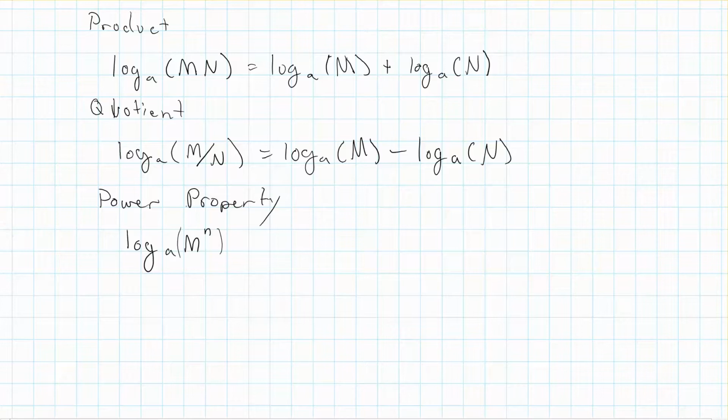I like to do that often because it reminds me that the log base a is a function, so you do everything inside the parentheses first, then you would do the logarithm. And so the property says that instead of having that exponent there, we could bring n, the little n, down and have n times log base a of just m.